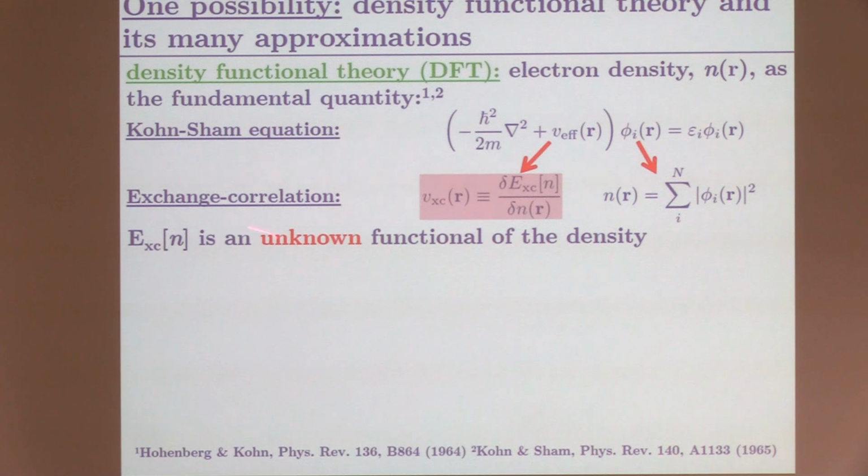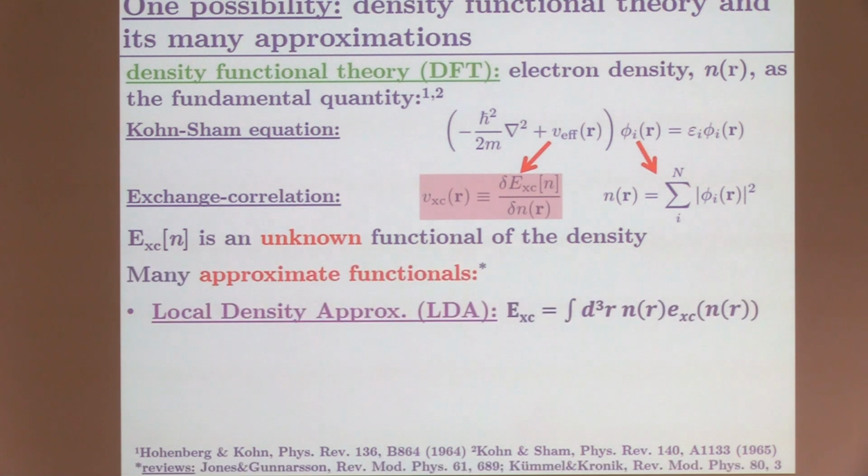Now, the issue is that the exchange correlation functional is unknown, so we don't really know how to write it down exactly. But there are many approximate functionals, and this list I'll show you now should give you a bit of the jargon that is used in DFT and also in the next slides of my talk. So the first and most famous one is called the local density approximation.